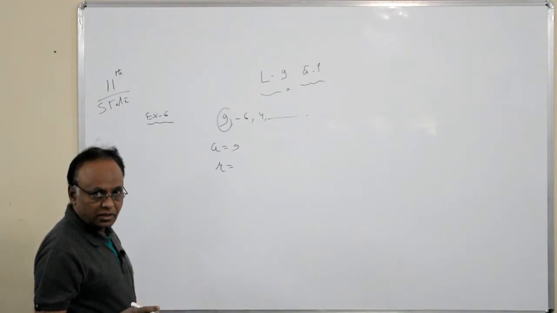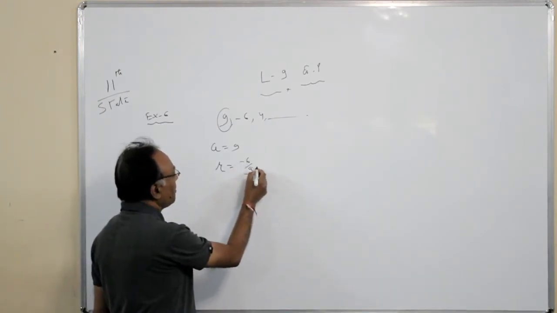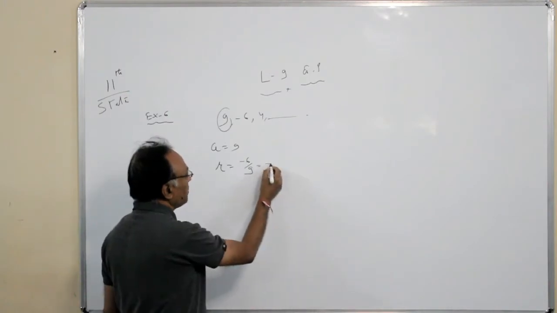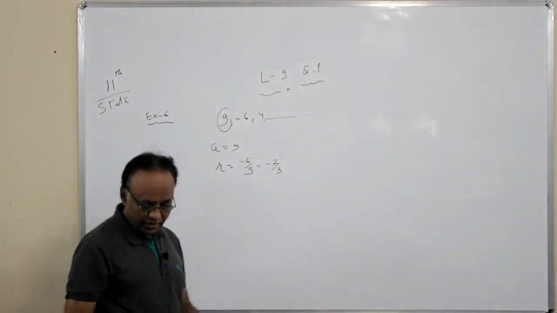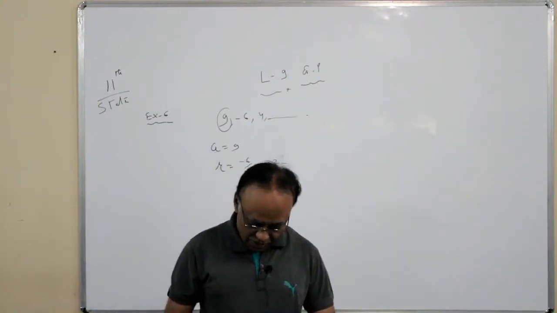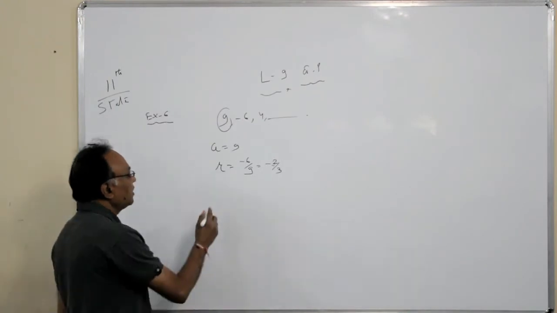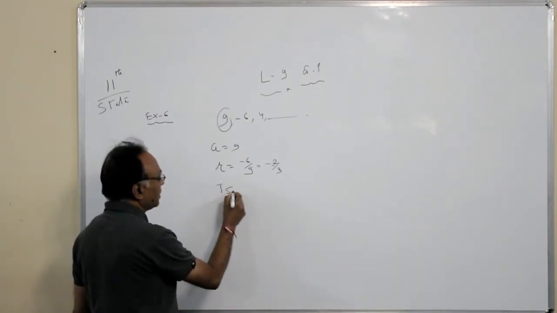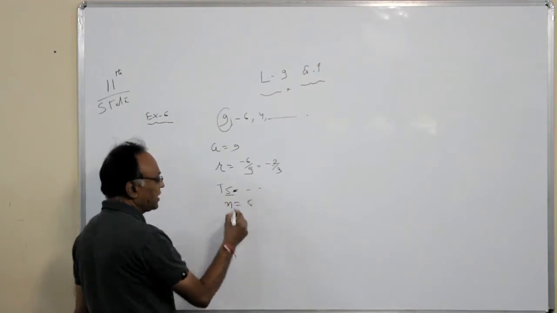Second term divided by first term, third term divided by the second term: minus 6 upon 9. 3 2s are 6, 3 3s are 9, so minus 2 upon 3. And we want to find out T5 is equal to dash. N is equal to 5.